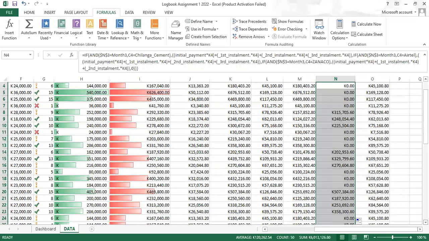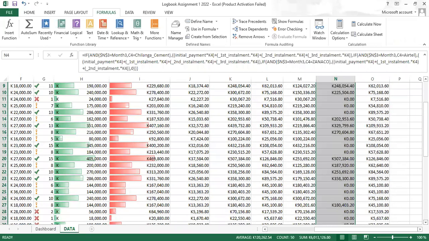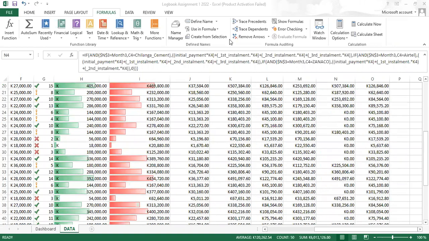So now we're only remaining with one institution that needs to pay at the end of month 4. Okay. Any question?